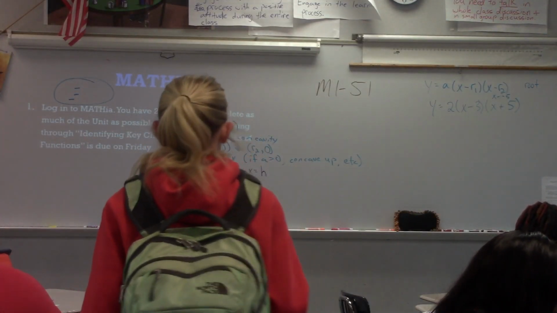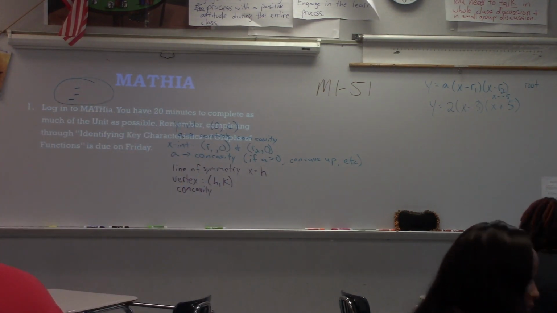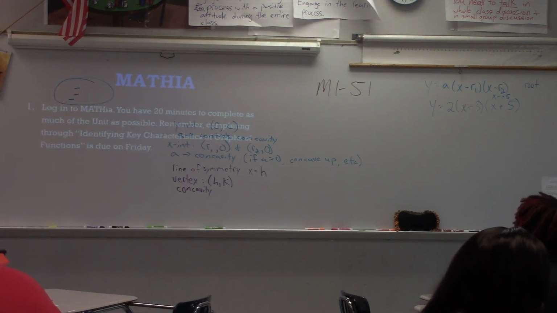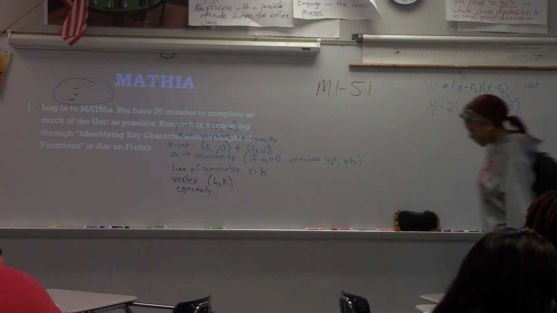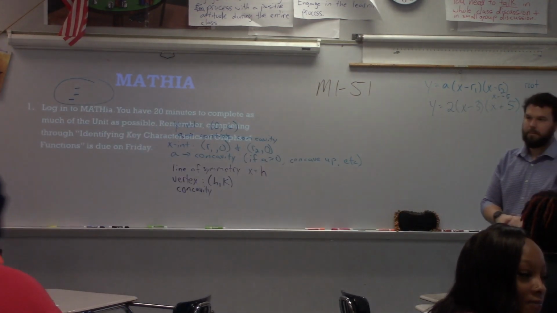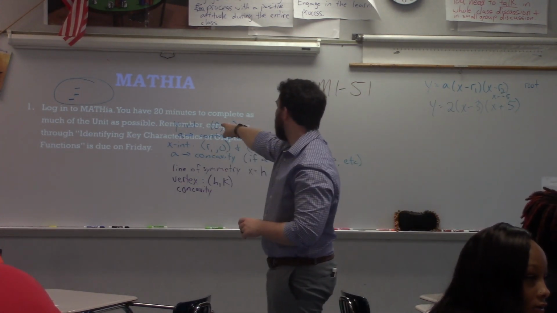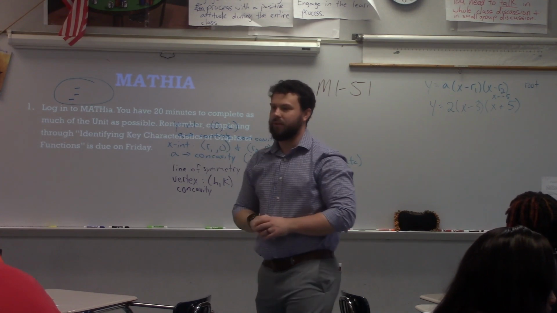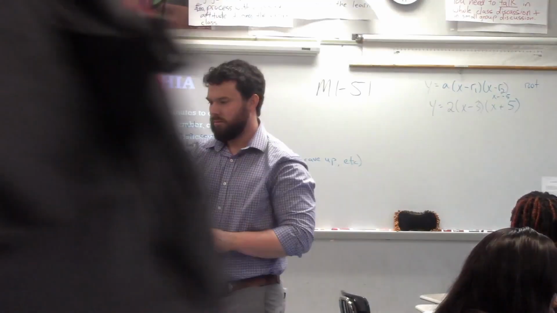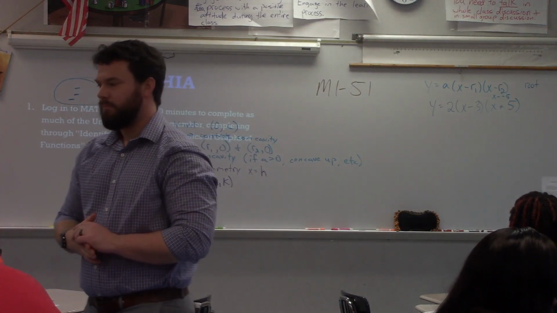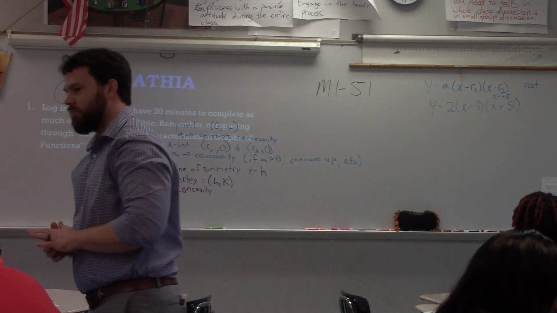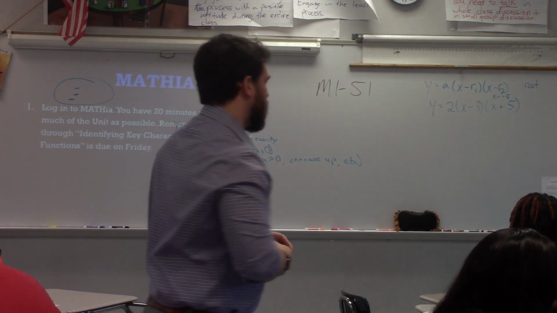Work as far as you can until the bell rings. Whatever you don't finish in class today, you may have to complete on your own for Friday. It's through identifying key characteristics of graphs of functions. I think that's a total of like 3 workspaces.